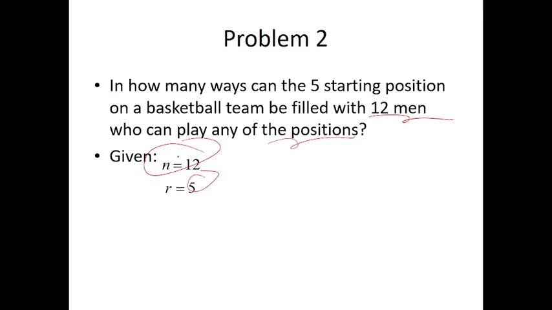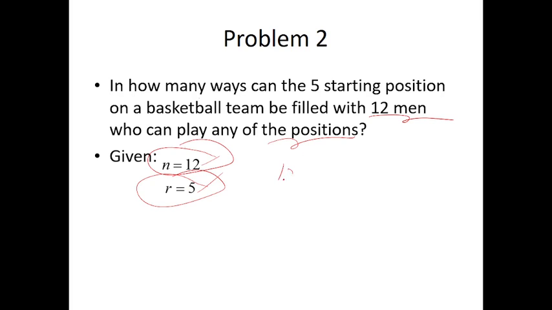Then, we have 12 players, 12 men who can play any of the positions. So, kung ganon, they can 5 at a time. So, sa 12 na yan, 5 lang ang pwede. 5 lang ang pwedeng maglaro, syempre.